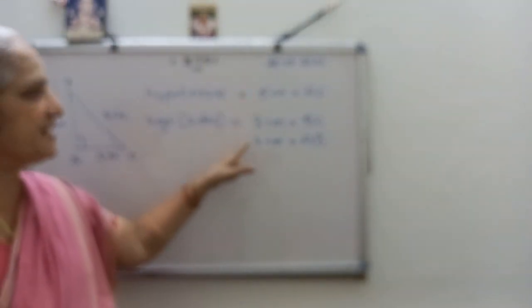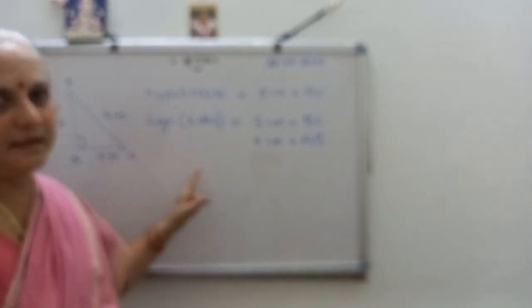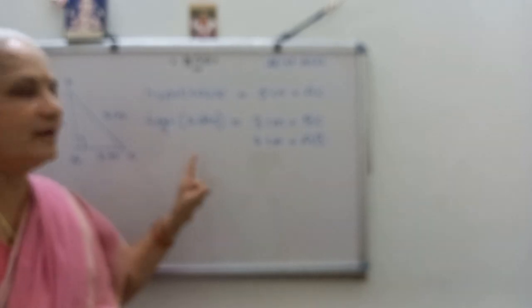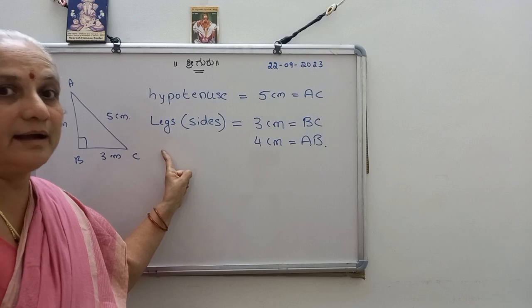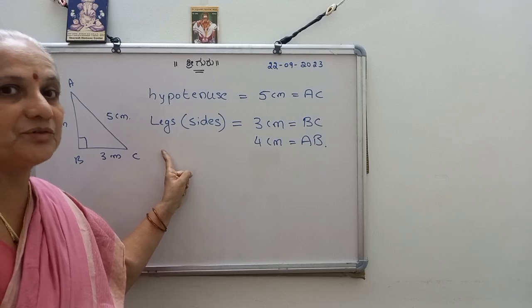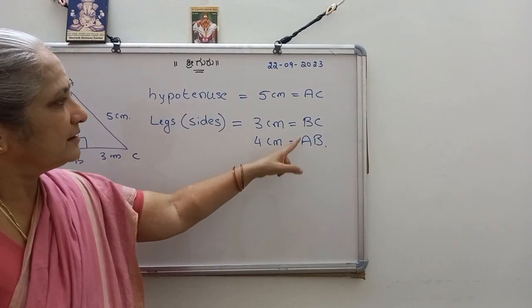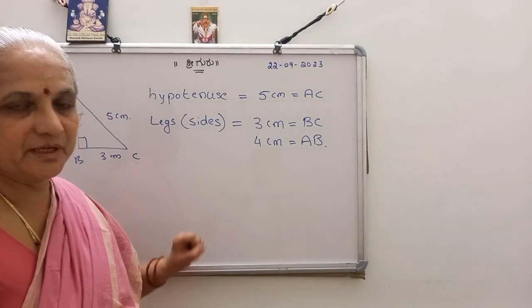So these are the measurements of lengths of the sides of the right angled triangle. And in a right angled triangle, the side opposite to the right angle is called hypotenuse. The other two sides, or the altitudes or the heights of the right triangle, are 3 centimeter and 4 centimeter.